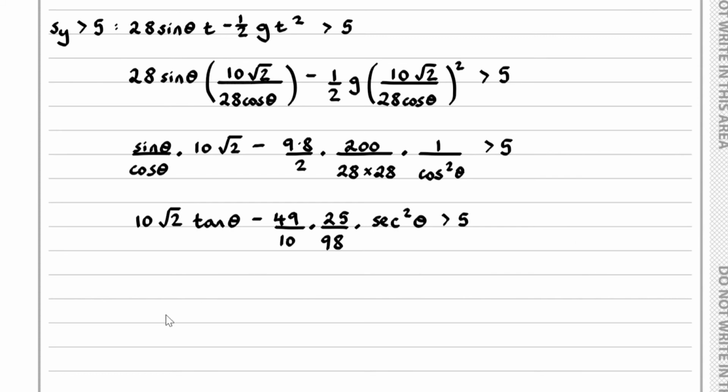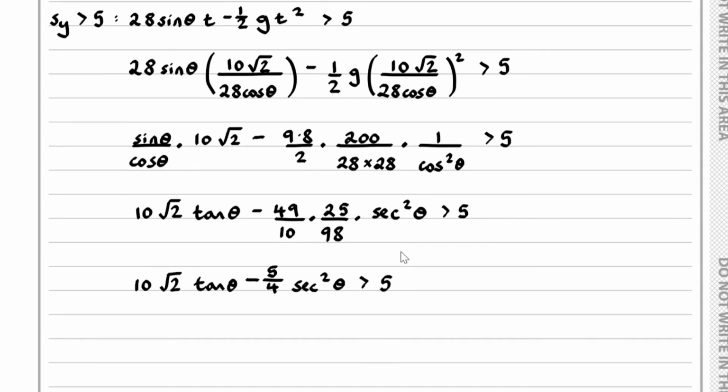So we have 10 root 2 tan theta subtract 5 over 4 sec squared theta is greater than 5.